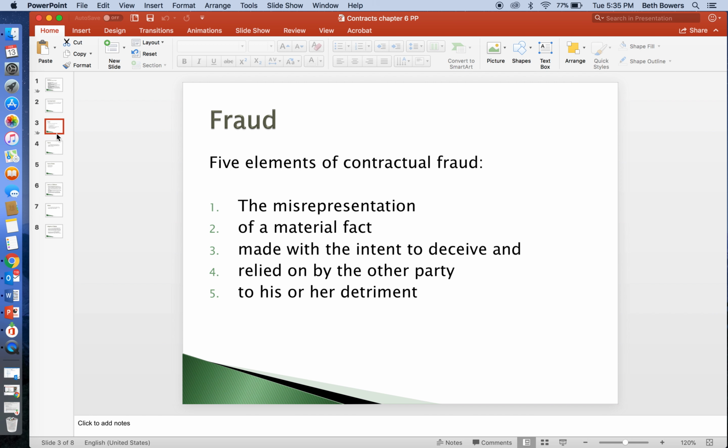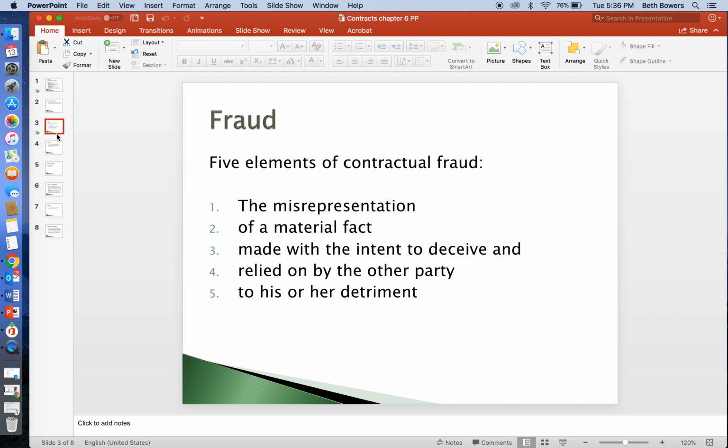And this is important because if someone is saying that they were fraudulently induced into entering into a contract, they're making a very serious charge against the other party. Not a criminal charge of any kind, but still very serious nonetheless, essentially claiming that the other party deceived them in some way. So what it's alleging is that the fraudulent party had an ill intent in getting the other party to enter into the contract.